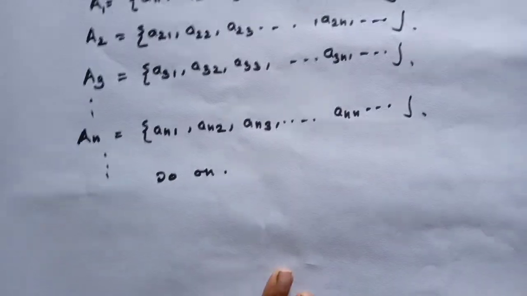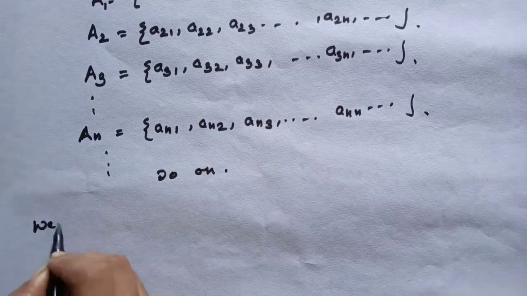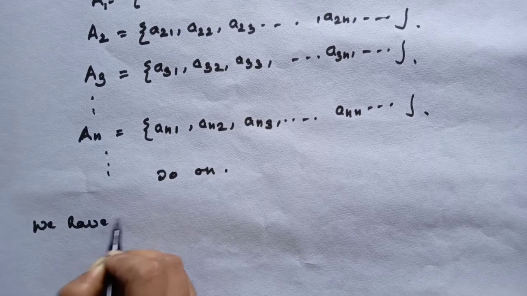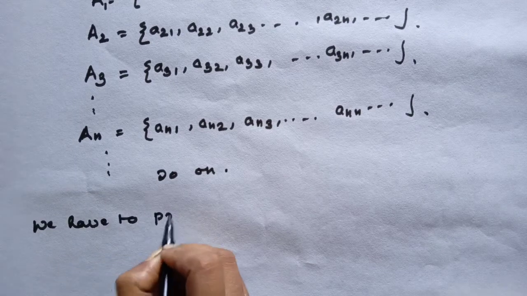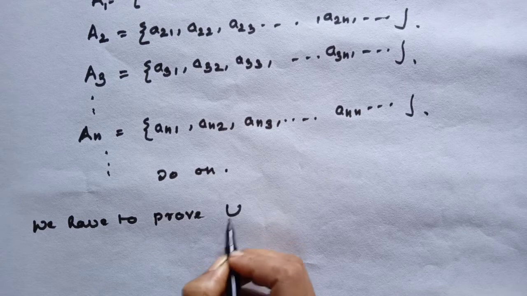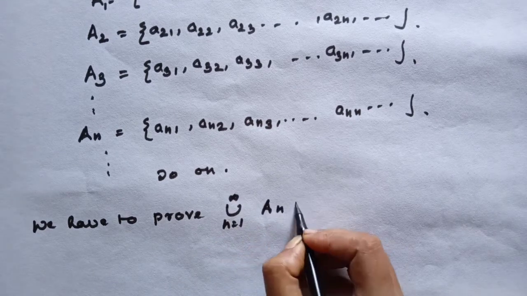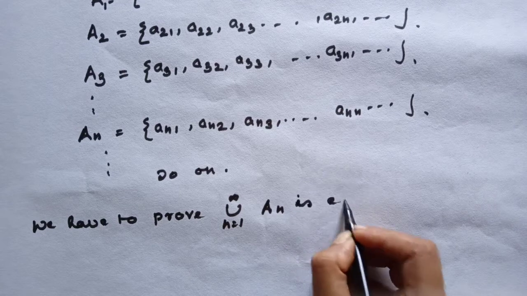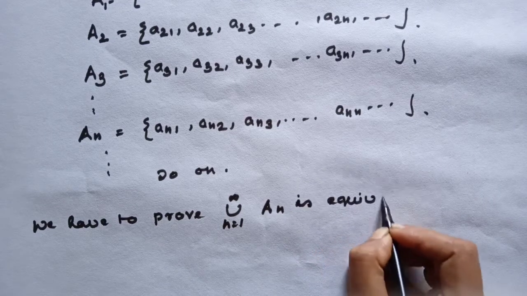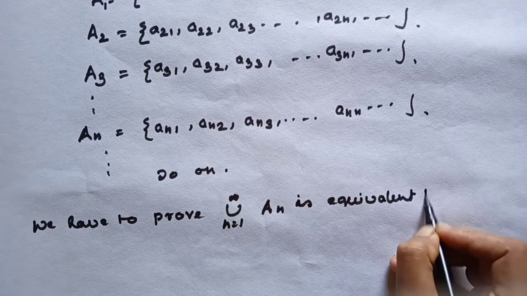We have to prove that the union of n equal to 1 to infinity of An is equivalent to the natural numbers.